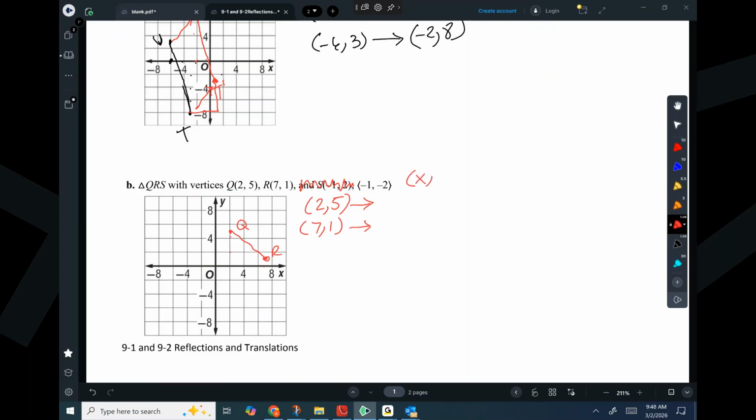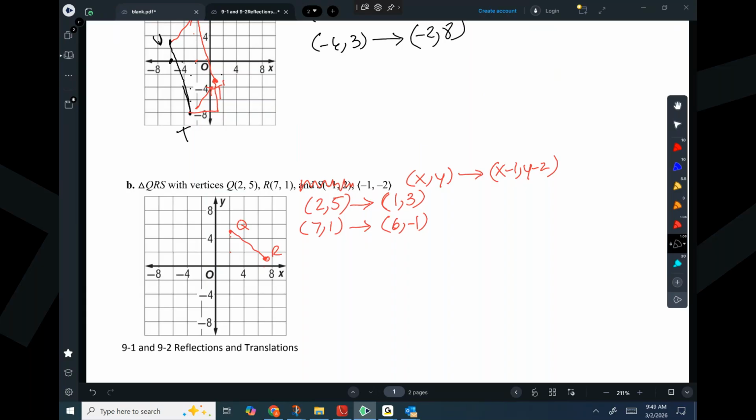This is basically saying XY becomes X minus 1, Y minus 2. So this point 2, 5 becomes 1, 3. And 7, 1 becomes 6, negative 1, right? Change my pen color. So I get 6, negative 1.